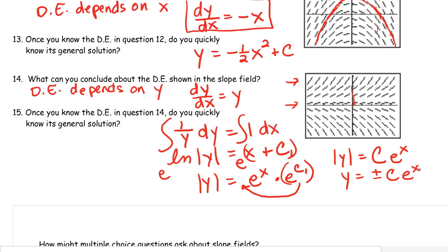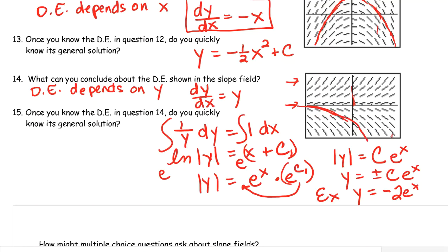And if I asked you to graph this equation and I gave you a specific value of c, so one particular solution might be negative 2 e to the x. So do you see then that we have a curve? When we have negative exponents, we have our curve. I should erase that and get a little bit higher.